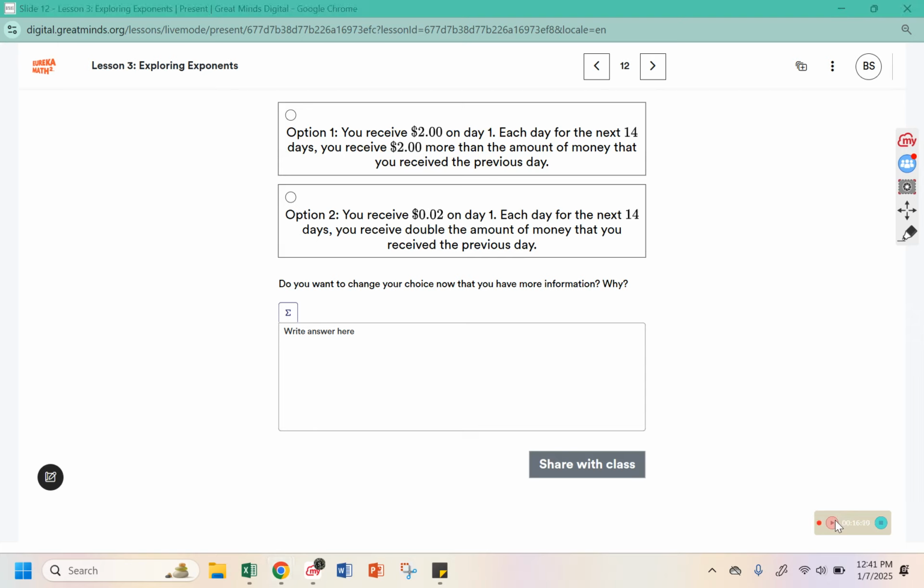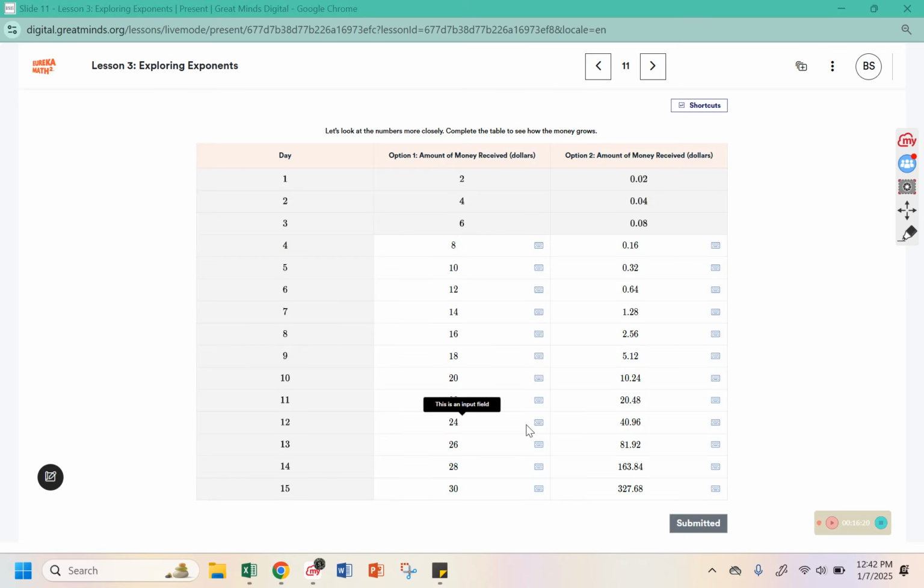So now it says, do you want to change your choice now that you have more information? Why? Option 2 definitely seems better now. You can see that up through day 11, option 1 has more money for that day.